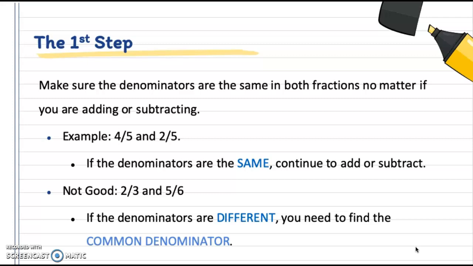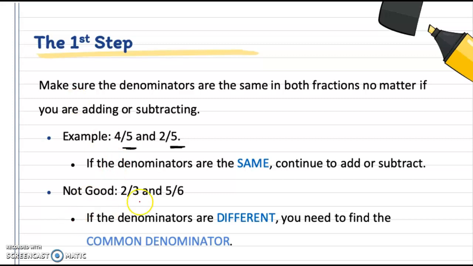So the first step, whenever you add or subtract any fraction, you always want to make sure the denominators are the same in both fractions that you are adding or subtracting. So in this example I provided, you can see 4 over 5 and 2 over 5 have the same denominator. So if the denominators are the same, we are going to continue to add or subtract because we don't need to change the denominator.